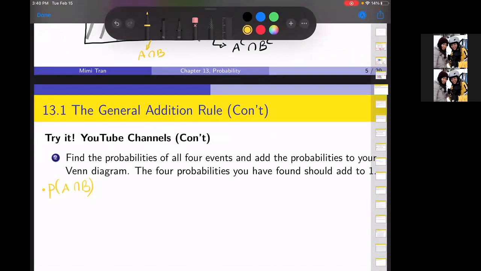What rule do I have that involves P(A and B)? How do I calculate P(A and B)?